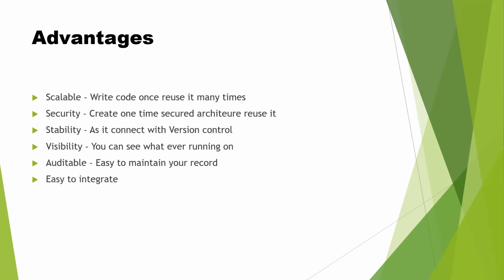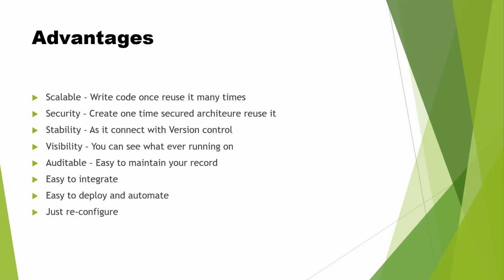It is also easy to integrate with other tools like Jenkins. For example, if you take Terraform, you can integrate it with Jenkins, and from there you can execute your task so that your infra is created automatically. So again, it deploys and automates your infra.